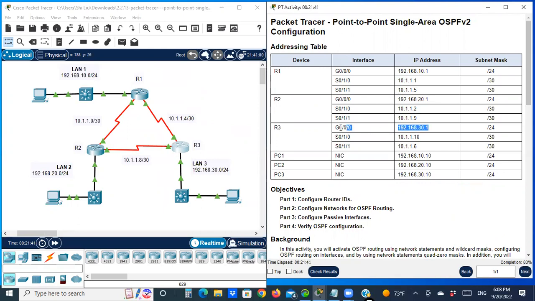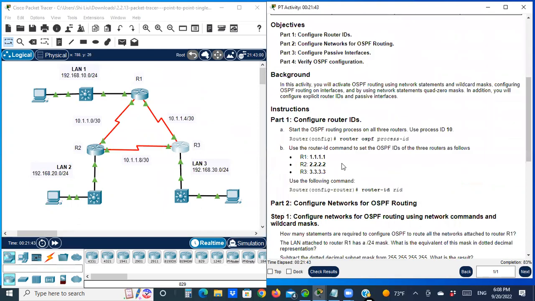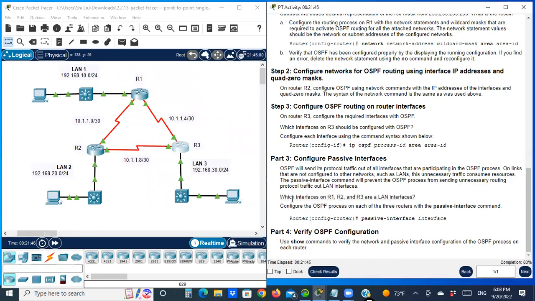R3 is G0/0/0. So all the LAN interfaces on these three routers are G0/0/0. Configure the OSPF process on each of the three routers with the passive interface command. Use this command.